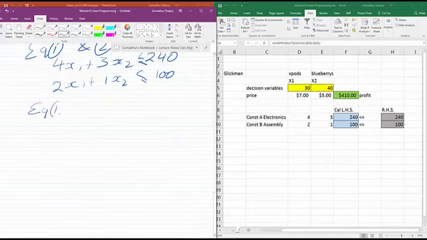So I'm going to perform equation 1 minus 2 times equation 2.